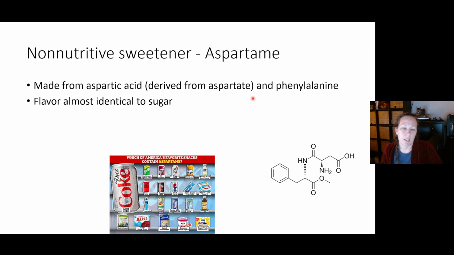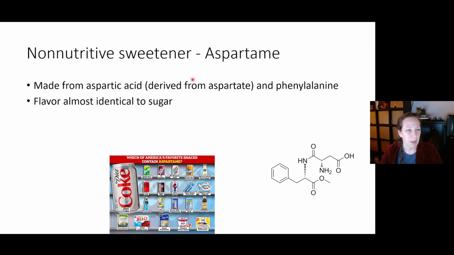The flavor of aspartame, according to the book, is almost identical to sugar. I would beg to differ, considering I've never cared for the taste of diet soda at all, even when I drank soda, because it has a definite flavor. But that's what the book says.